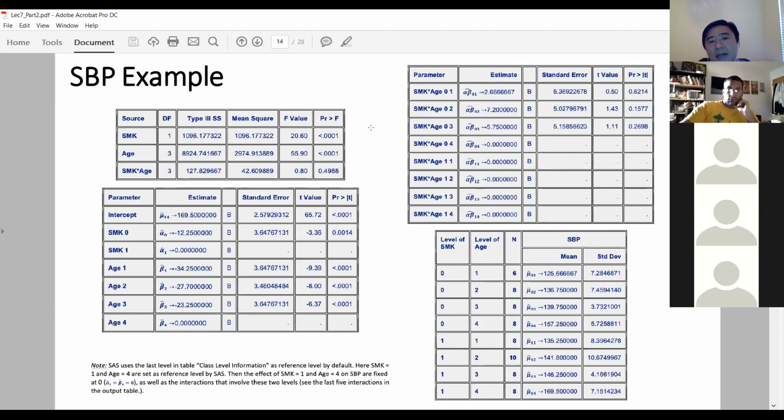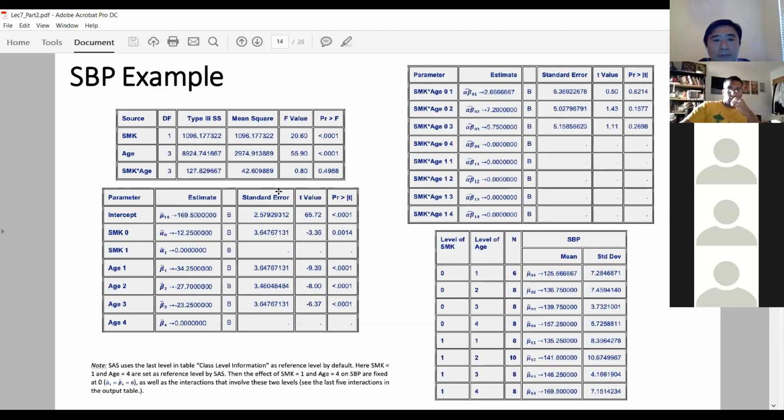And this you can consider as a further partition of this ANOVA table. So like say here, it just shows you 3 degree of freedom altogether as one test. But here they will test each degree of freedom in age. And also attach each degree of freedom for the interaction between smoking and age.